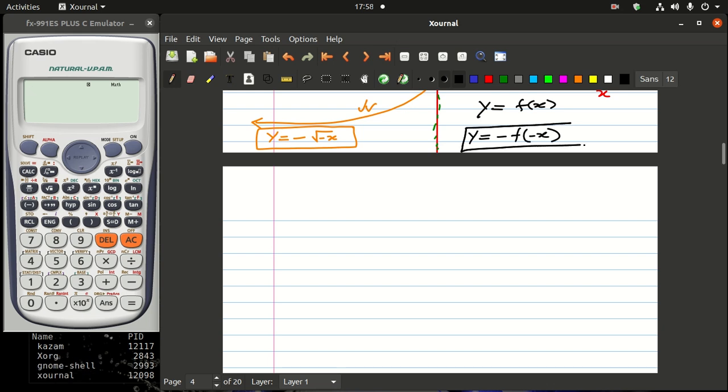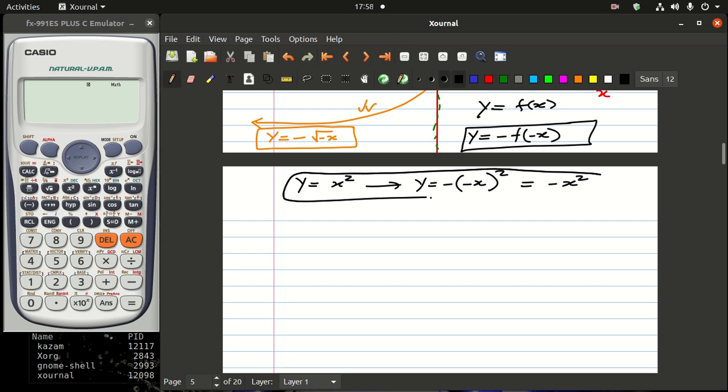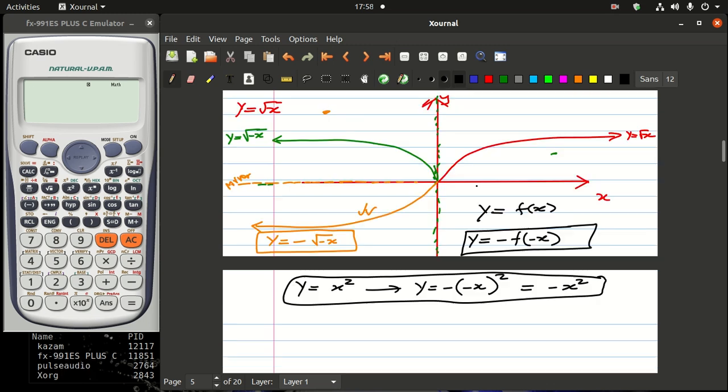And you can notice that if you are given y is equal to x squared, then y is equal to minus of minus x squared, which is just the same as minus x squared. Hence, we found out that the reflection about the origin and the reflection about the x-axis was the same for this function. It's because this was even, because this minus did not contribute anything.